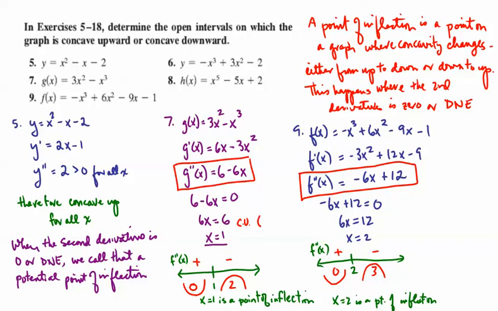Concave up from negative infinity to 1. Concave down is from 1 to positive infinity. With problem number 9, concave up from negative infinity to 2, concave down from 2 to positive infinity. And for number 5, concave up was from negative infinity to positive infinity.